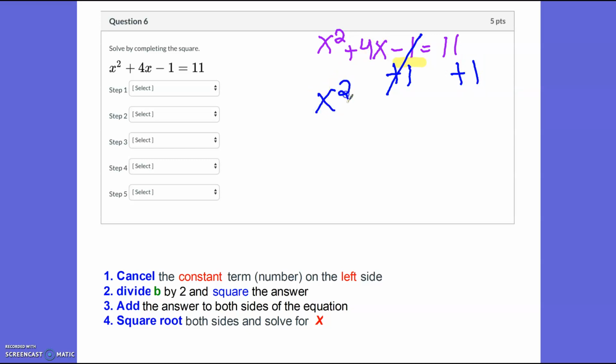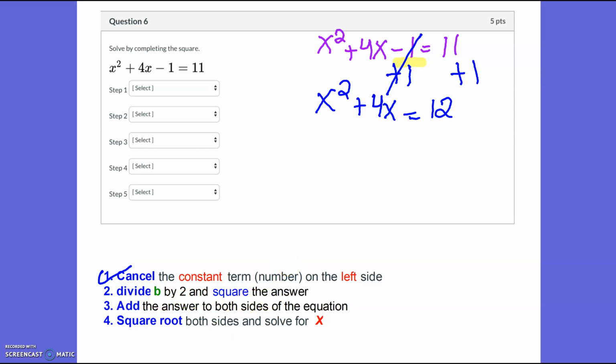So now I have x squared plus 4x equals 12. Okay? So we cancel. Now we divide b by 2 and square the answer.